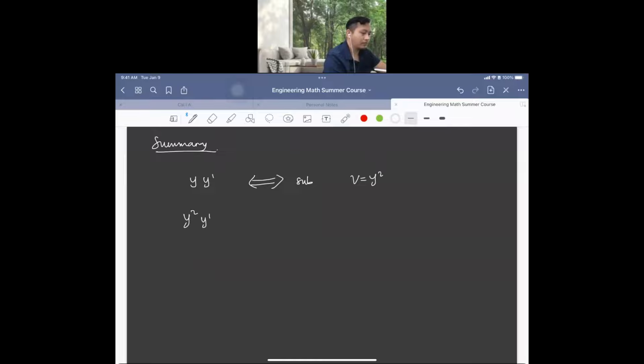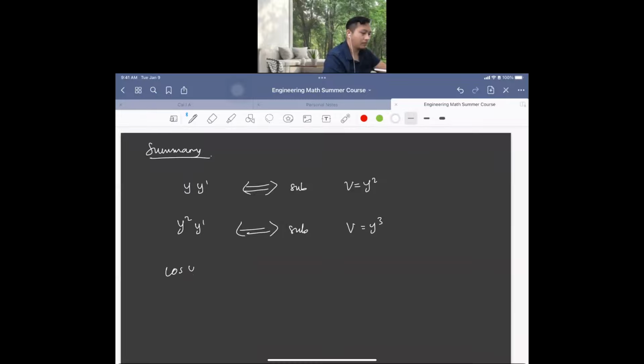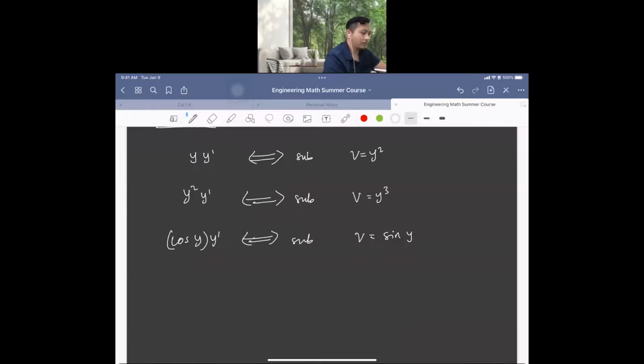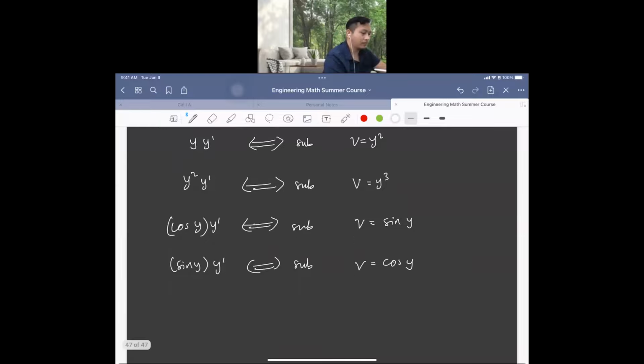When you have y squared y prime, you can substitute phi equal y cubed. If you have cosine y and y prime, you can substitute v equal sine y. And if you have sine, you can substitute v with cosine y.